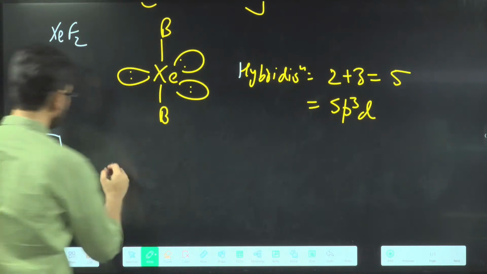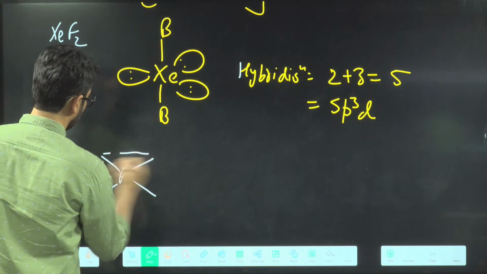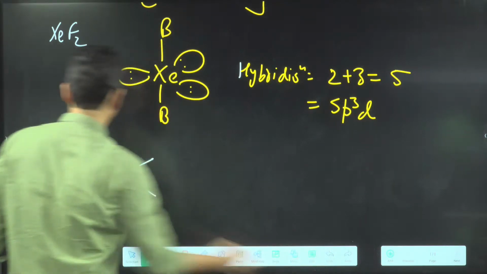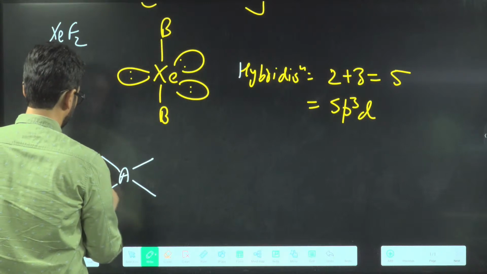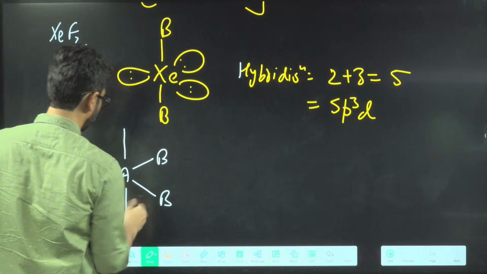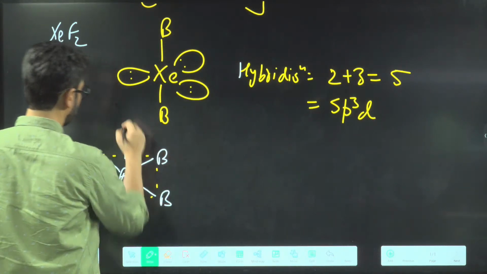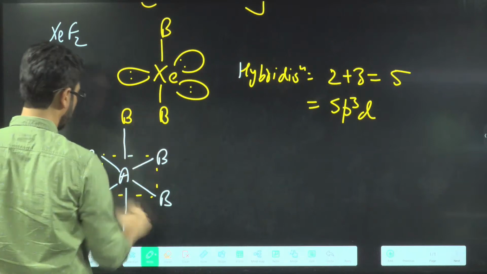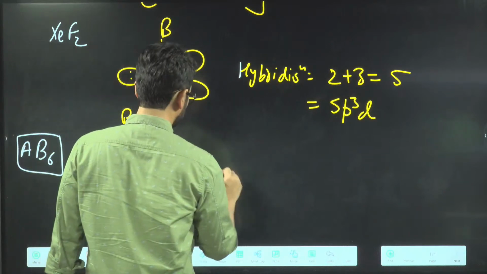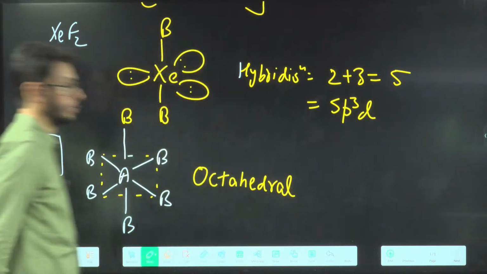Then next is regular geometry, AB6. Central atom A, octahedral if you remember. Octahedral geometry in which 4 atoms or 4 bond pairs are in the same plane, one above the plane, other below the plane. It is octahedral, AB6.